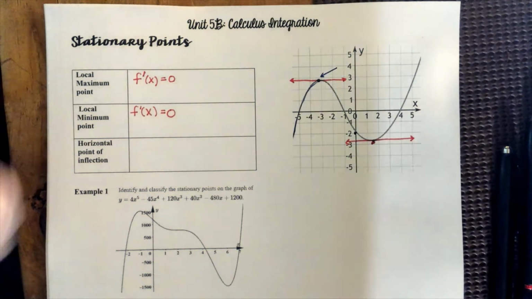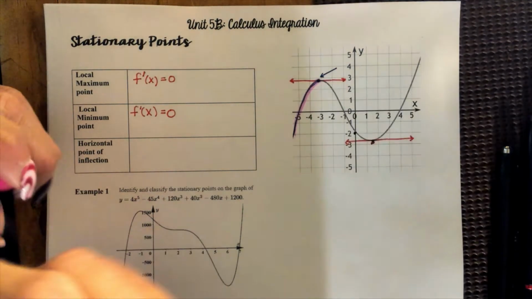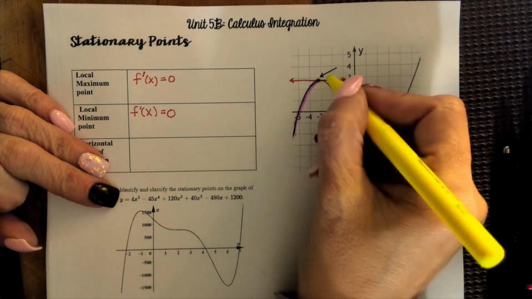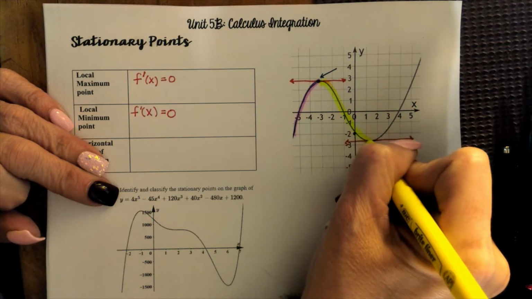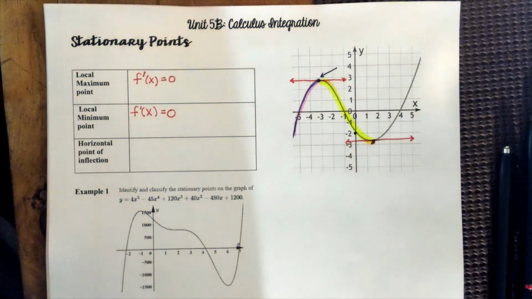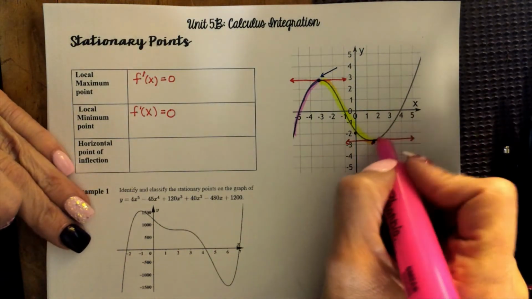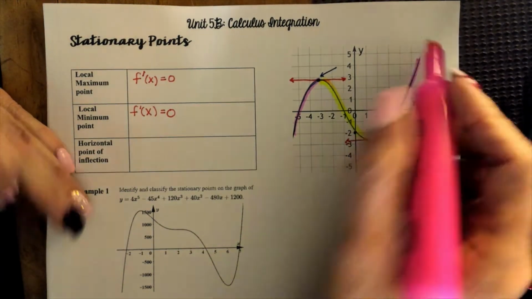I know we did pink for increasing earlier, so I would be increasing, and then when I reach the top of that graph, I would change, and I would be decreasing until I reach that point of inflection, and at that point, my graph would change, and it would go up.